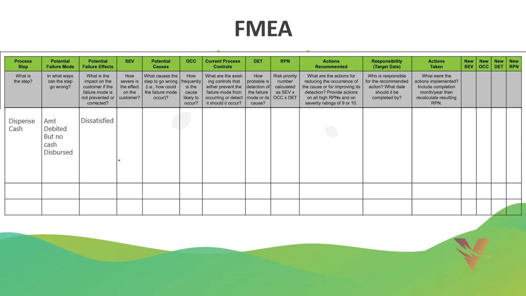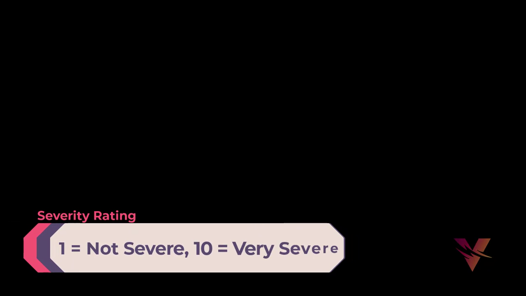How severe is the effect on the customer? For this question, I need to rate this from 1 to 10. So here 1 is not severe, 10 means very severe.